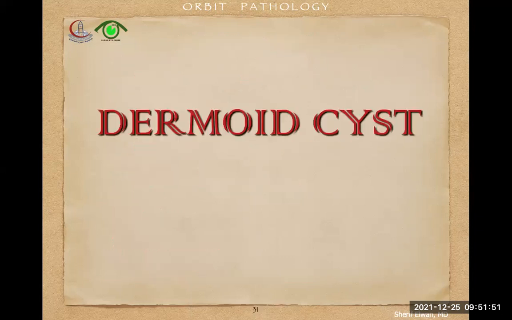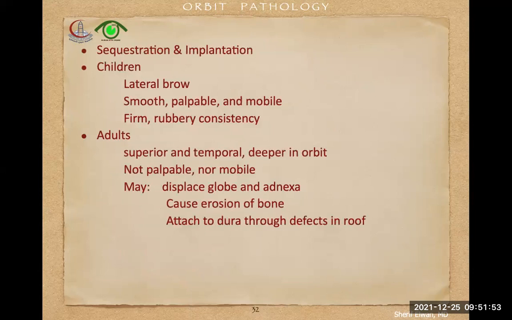called optic nerve cyst. We start by dermoid cysts, and dermoid cysts are differentiated into 2 types pathologically. Either sequestration dermoid or implantation dermoid. Let's start with implantation, which is the simpler variety.